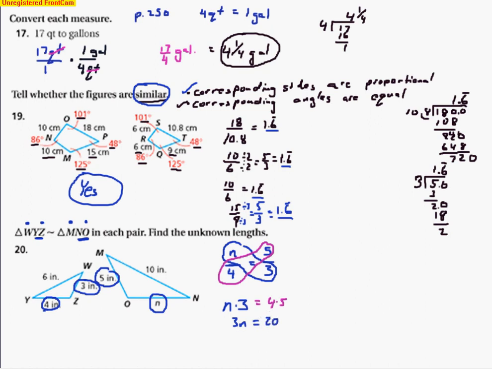And so then we just need to divide by 3 and come up with whatever number that represents. So off to the side, let's do the division. 3 into 20. Well, I know it goes 6 times. That makes 18. And we've got 2 left over, so we can just write it as a mixed number. 6 and 2/3. And these are what units? Well, inches. Those are the units we're dealing with here.